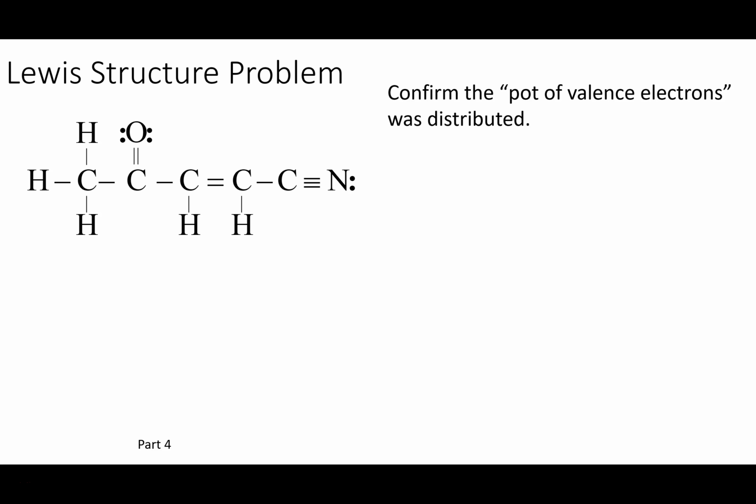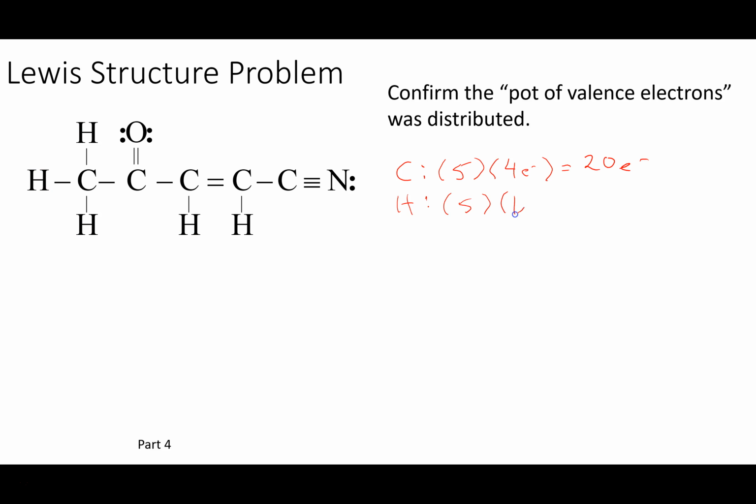Boy, let's see what we got here. Let's start with our carbons. Let's count how many carbons we have. 5 carbons. You told me 4 valence electrons, so we have 20 electrons. Hydrogen, I'm looking at 1, 2, 3, 4, 5 hydrogens.